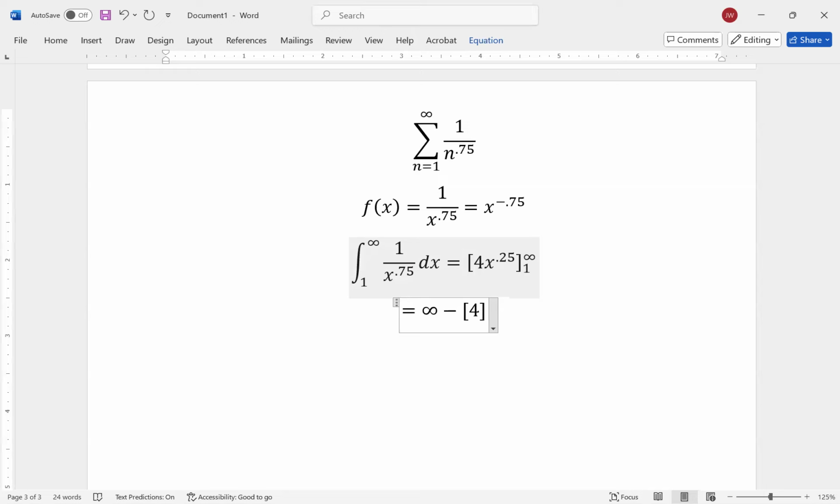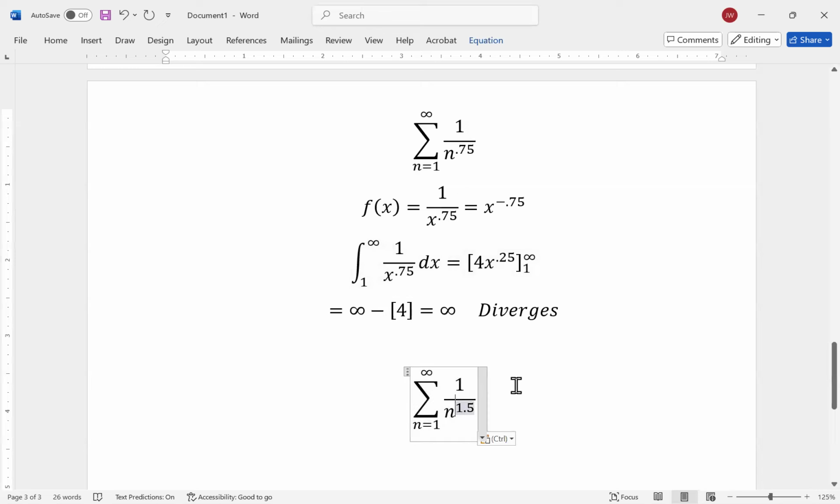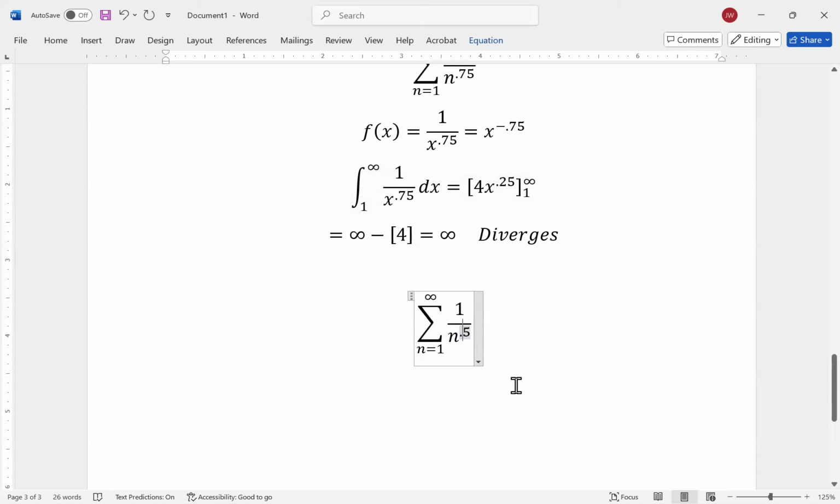Infinity minus 4 is still just infinity. And therefore, the integral diverges. Since the integral diverges, this infinite series of 1 over n to the 0.75 summed up from 1 to infinity also diverges.